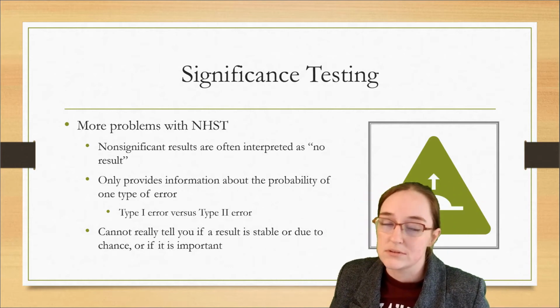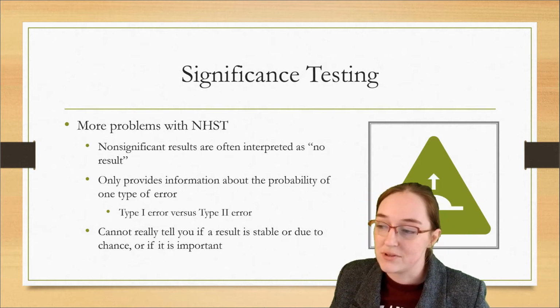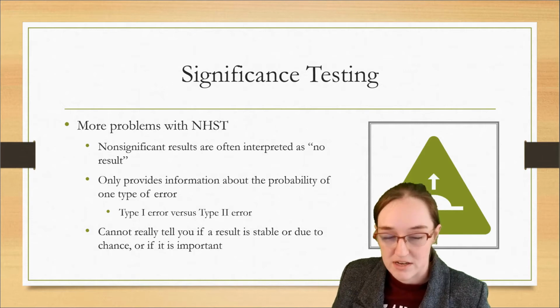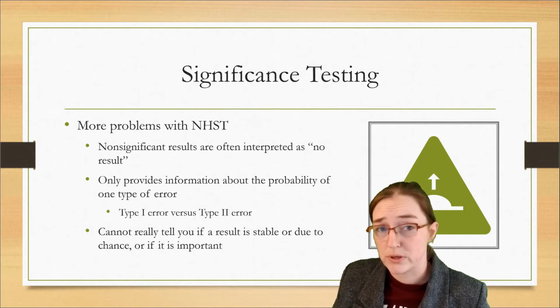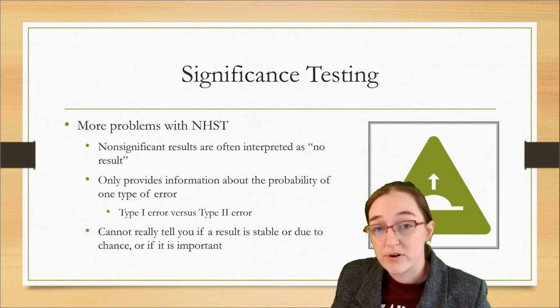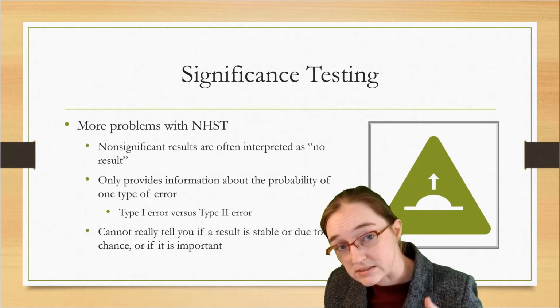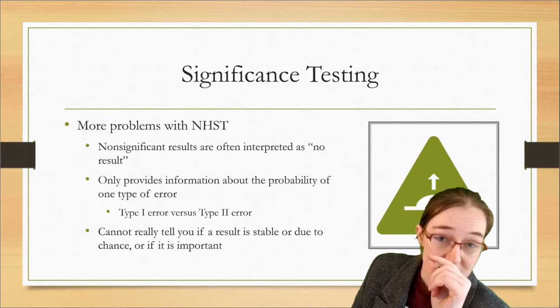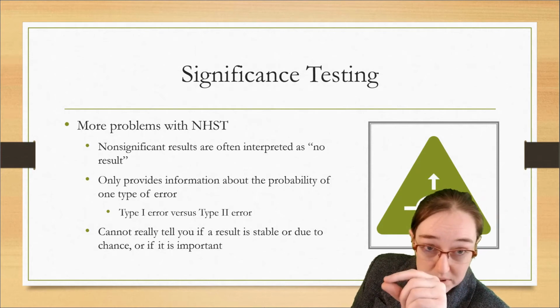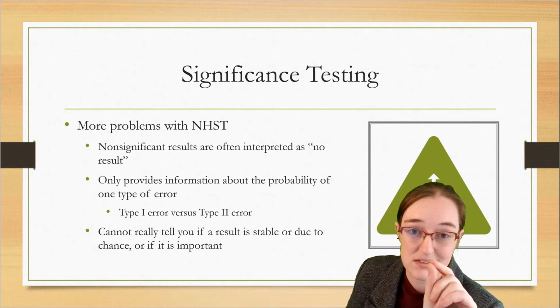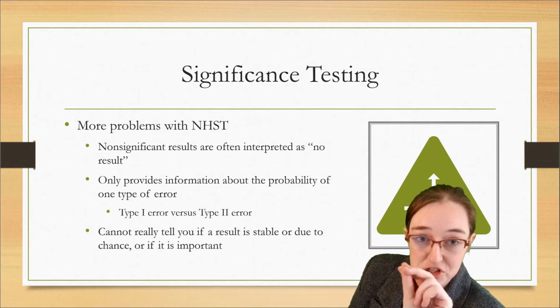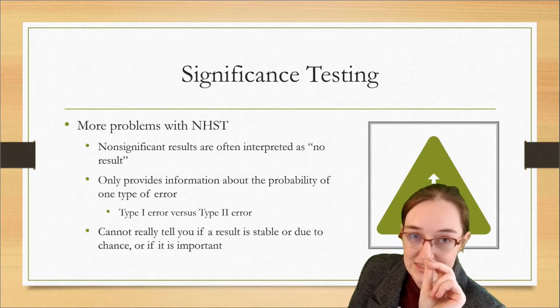So the preamble for this is I don't like the terminology type 1 and type 2 error because they are unintuitive. Type 1 error is a false positive. It's deciding that one variable has an effect, that there is a meaningful relationship, when there really isn't one.